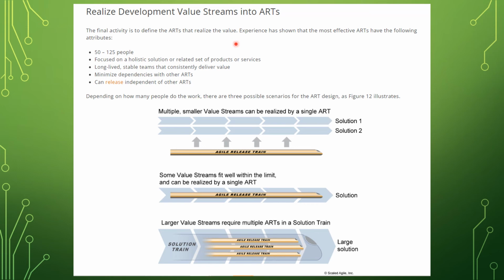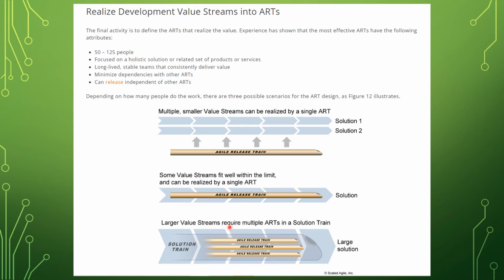Depending on how many people you have, there are three possible scenarios for ART design. You can have one agile release train for multiple smaller value streams. The multiple smaller value streams can be realized by a single ART. Some value streams fit well within the limit, so one ART for one value stream.